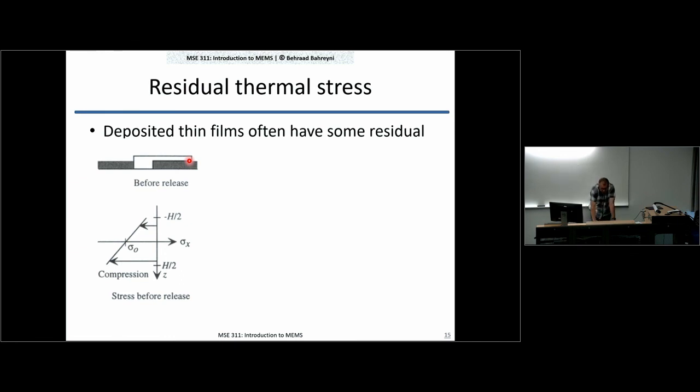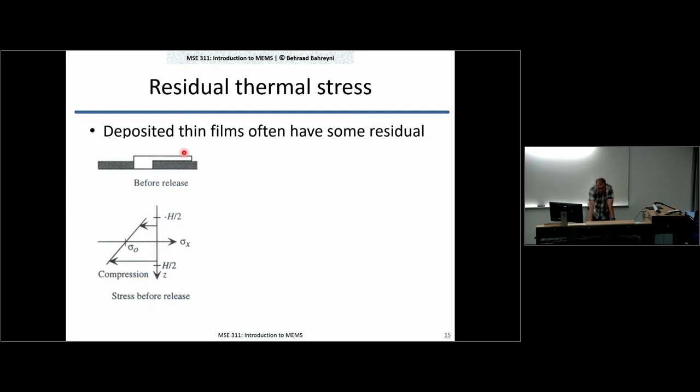So in this case, we are assuming that the thermal expansion coefficient of this beam is larger than that of the substrate. Once you cool it down to room temperature, you will have not only a compressive stress inside this structure, but also a stress gradient, right? So you will have more stress at the bottom compared to the top of that structure. And this stress gradient is going to cause the problem.